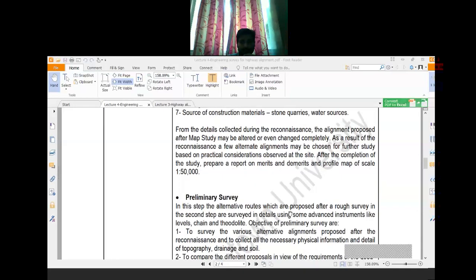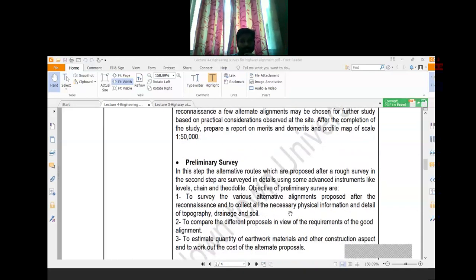Now, the next portion is the preliminary survey. In this step, the alternative routes which are proposed after a rough survey in the second step are surveyed in detail using some advanced instruments like level, chains and theodolite. So whatever routes you have decided from your reconnaissance survey should be surveyed in a detailed manner in the preliminary survey.